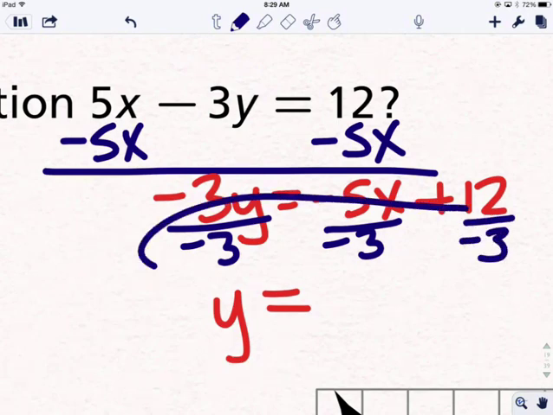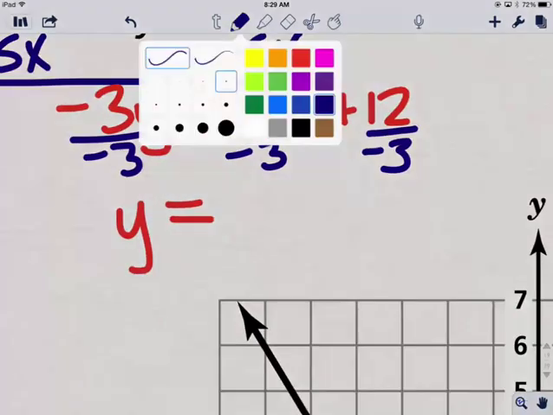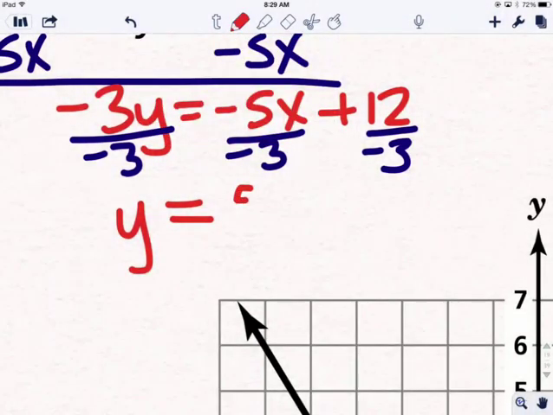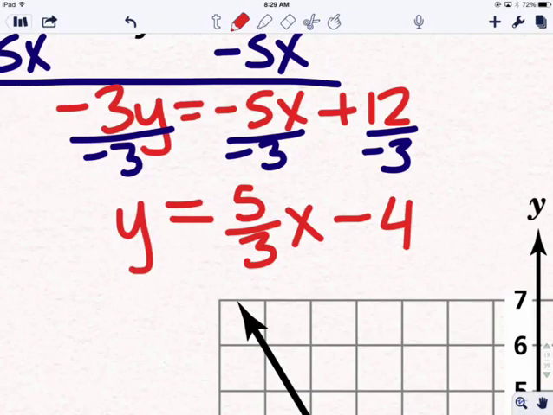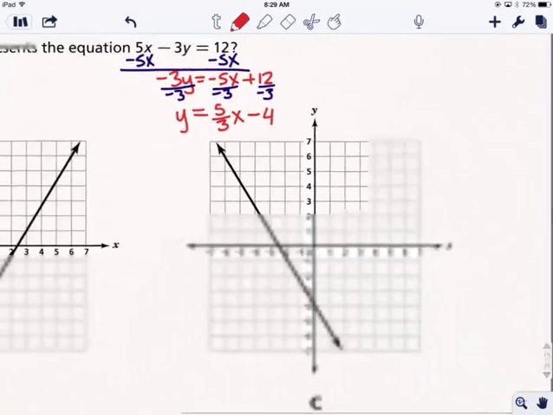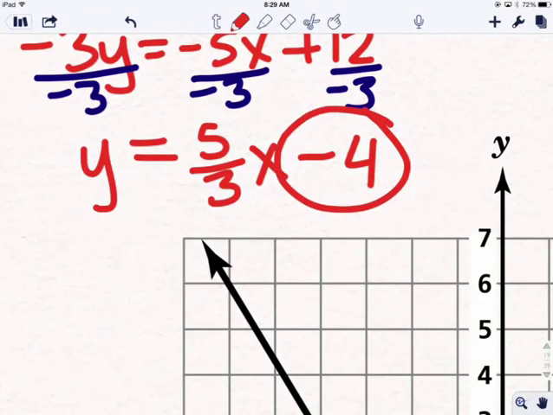Remember to divide every term by negative 3. So y is equal to 5/3 x. Notice this has become positive. Minus 4. So we know that the y-intercept of the graph that we want is negative 4.